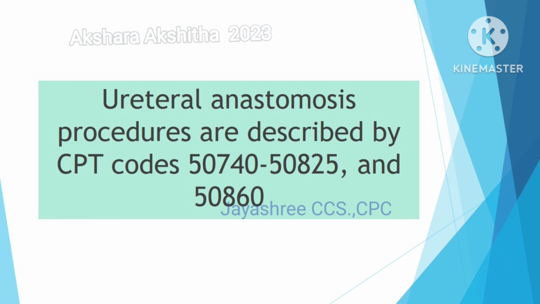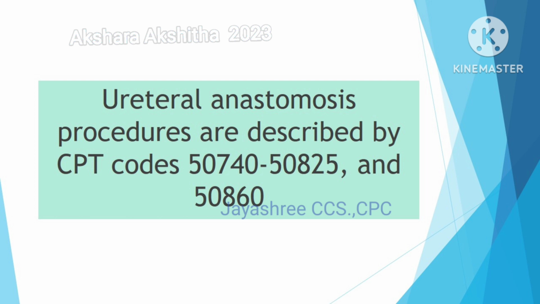So for example, if CPT code 50860 is performed on one side and 50830 is performed on the other side, we can bill both codes with the appropriate laterality modifier. So usually if it is the same type of anastomosis on the same side, we should not bill it. If it is a different type of anastomosis on the contralateral side, we can bill both with the laterality modifier.